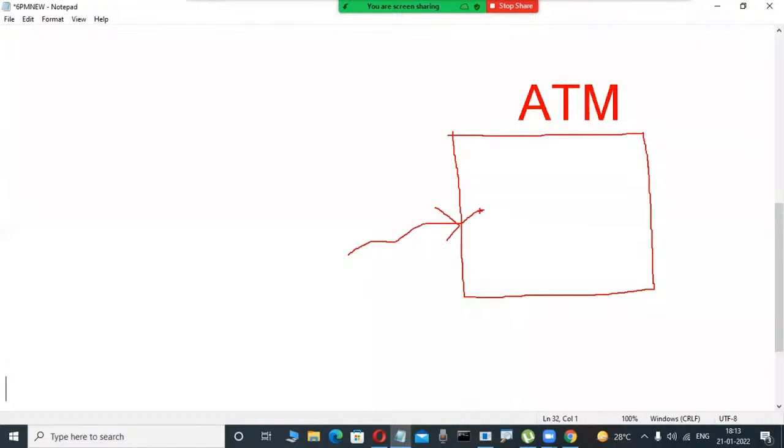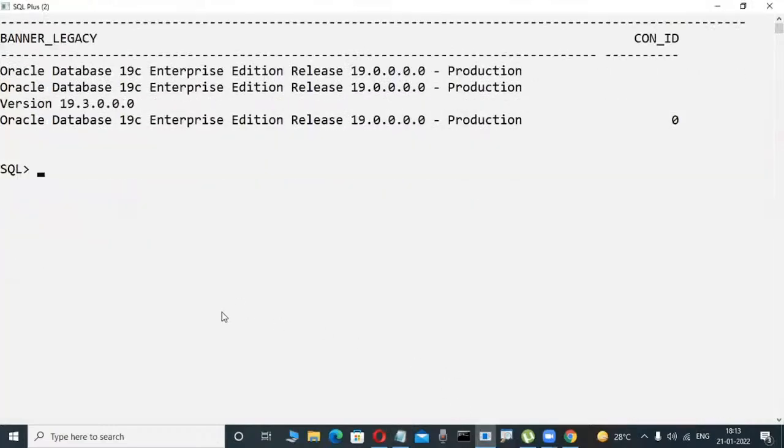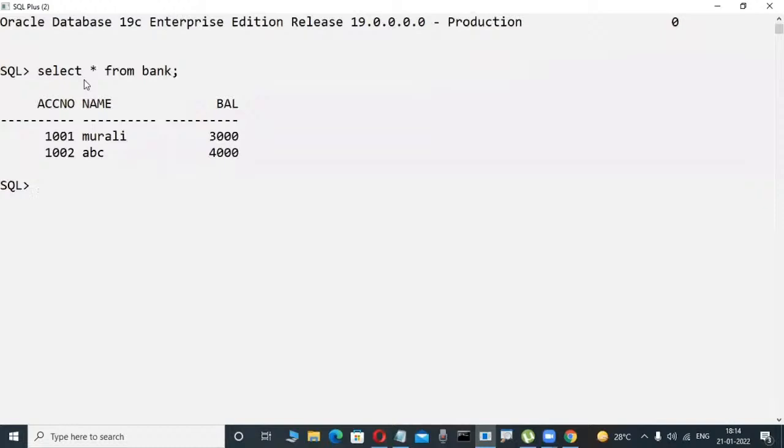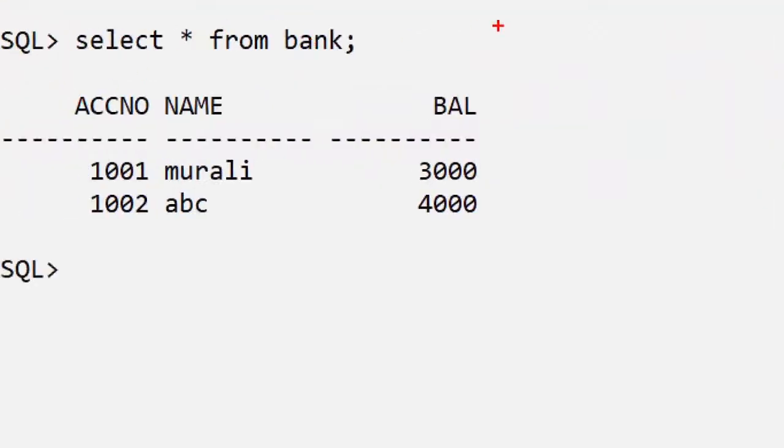Now check it out, slowly observe the screen. Suppose in this database there is a bank table, for example. Observe the scenario, it is very easy to understand. In table format we store the data.